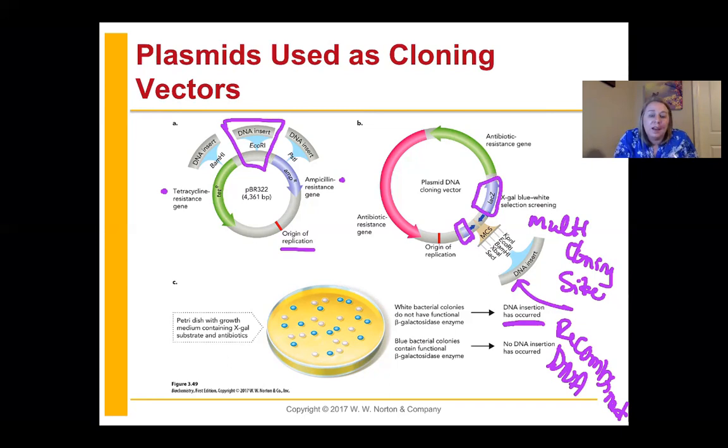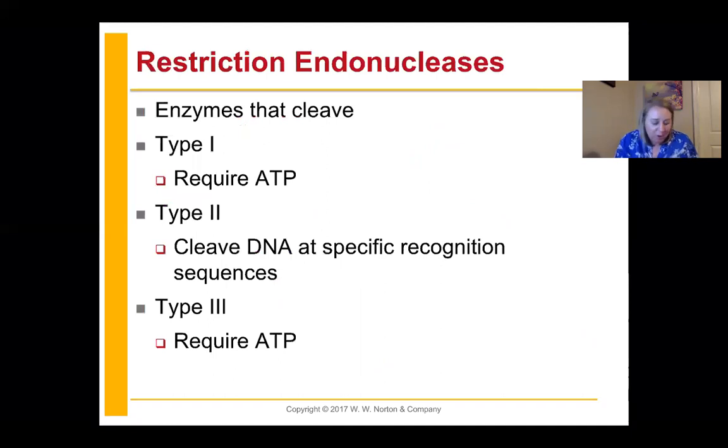We'll have blue colonies because you're able to convert that X-gal substrate. If the LacZ gene is interrupted, the enzyme is non-functional and it can't convert the X-gal, so our colonies will be white. We call that blue-white screening, or you can just do antibiotic resistance. I've done both.